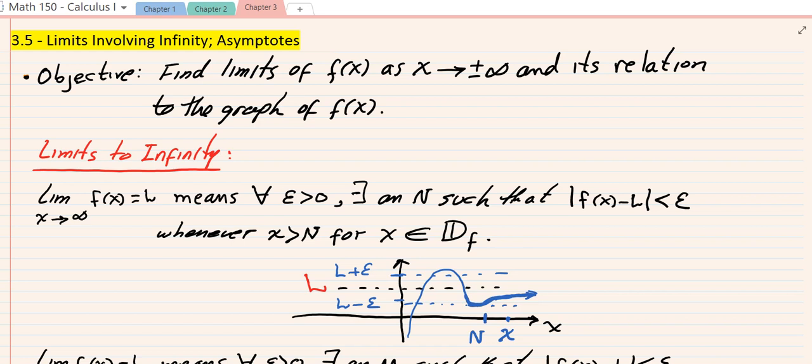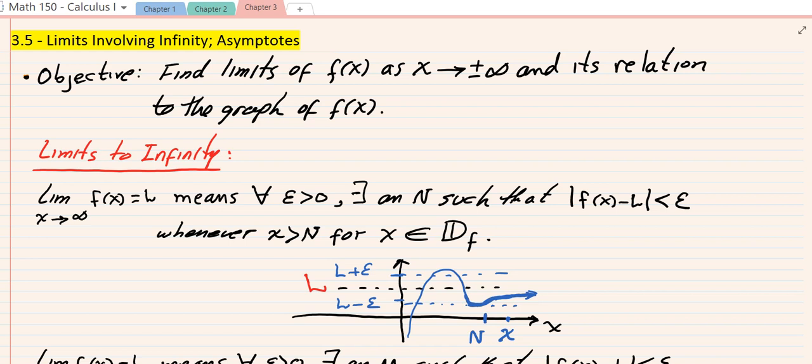Now I have it as x goes to plus minus infinity. That is true, of course, but we also want to take a look at other kinds of limits where x actually approaches a constant or a number, and the function may indeed approach infinity.